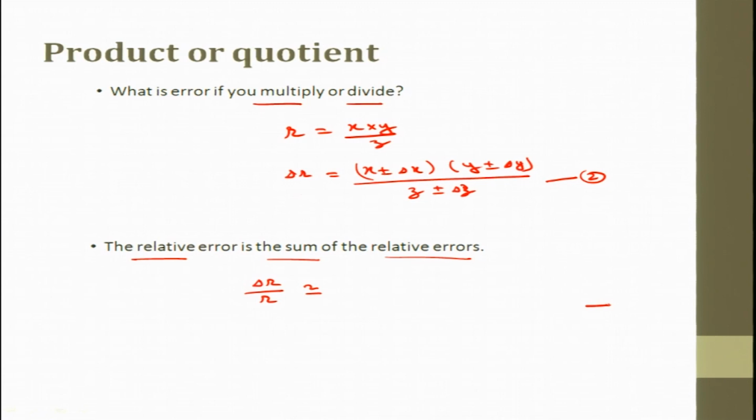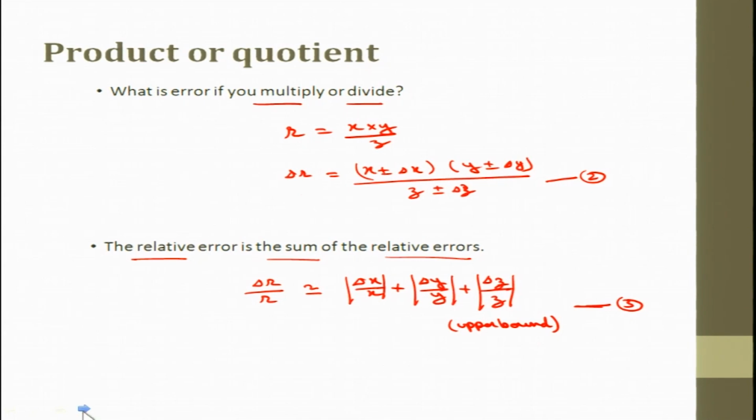Equation 3 would be delta x by x, delta y by y, delta z by z, absolute values and sum of these. This is again our upper bound.